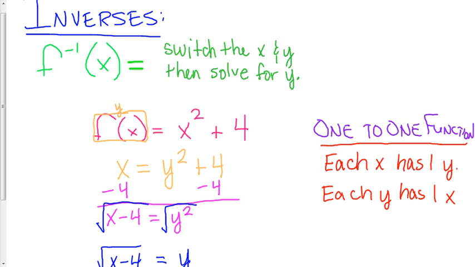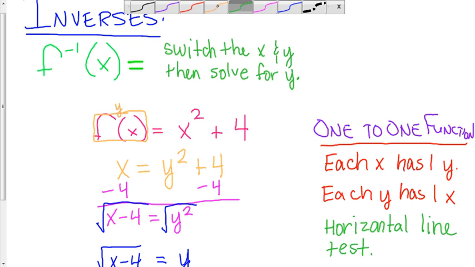So a vertical line test determines if it's a function. A horizontal line test determines a one-to-one function. If a horizontal line hits it in more than one place, then it is not a one-to-one function.